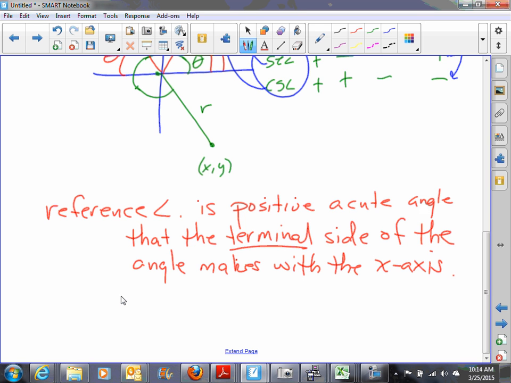A lot of times we refer to the reference angle as theta sub ref, or in other words, the reference angle for any angle theta.